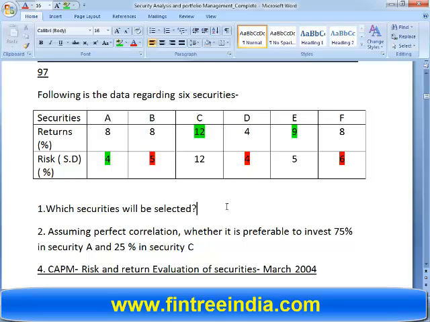But the risk of security B and security F is higher compared to security A. And therefore, security B and security F should be eliminated from the investment horizon.